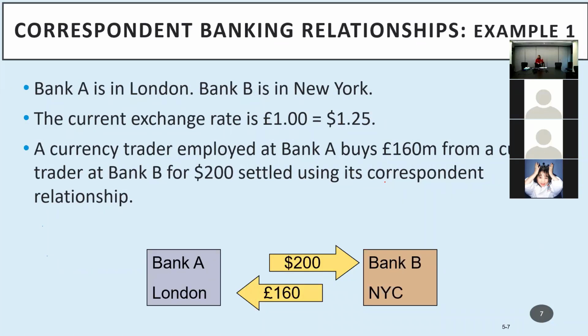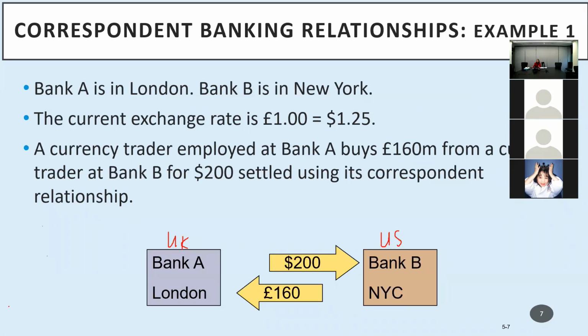So what do we mean by that? For example, in this case, we have two banks. We have Bank A located in the UK and Bank B located in the US. So Bank A is a UK bank and Bank B is a US bank. Let's see how they settle their foreign exchange transactions between themselves.